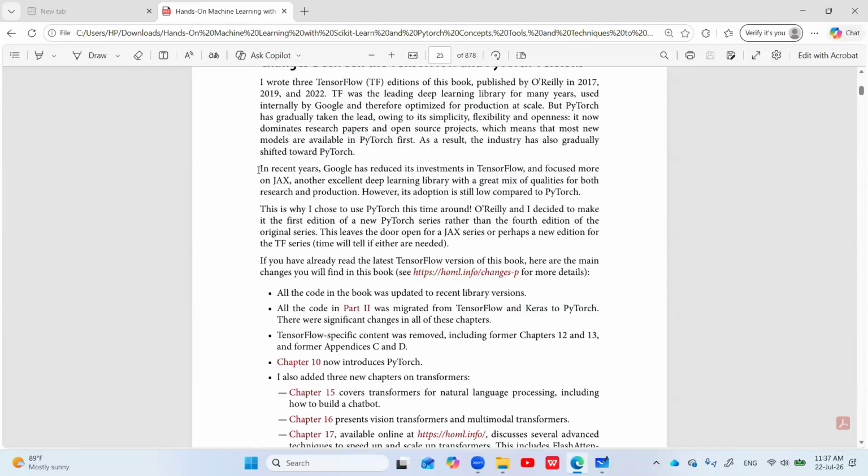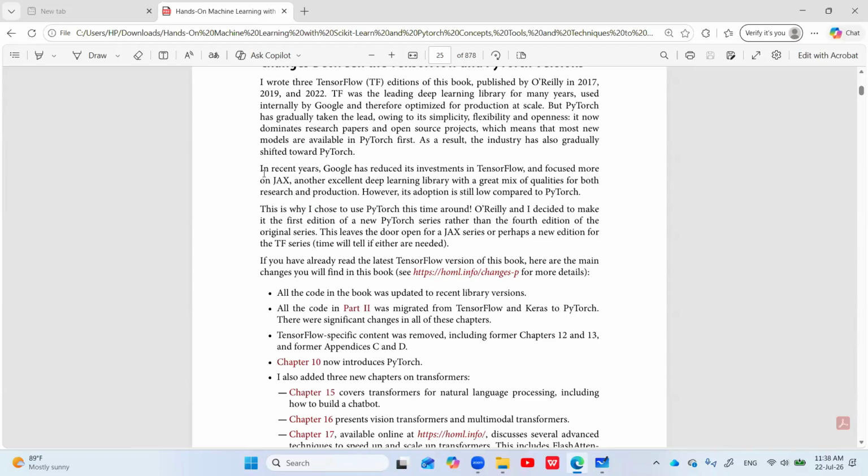In recent years, Google has reduced its investments in TensorFlow and focuses more on JAX. JAX is another tool, a deep learning library with a great mix of qualities for both research and production. However, its adoption is still low compared to PyTorch.